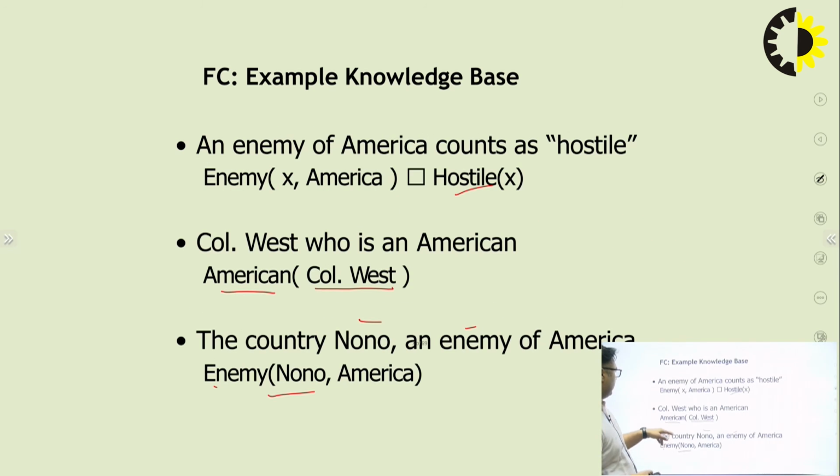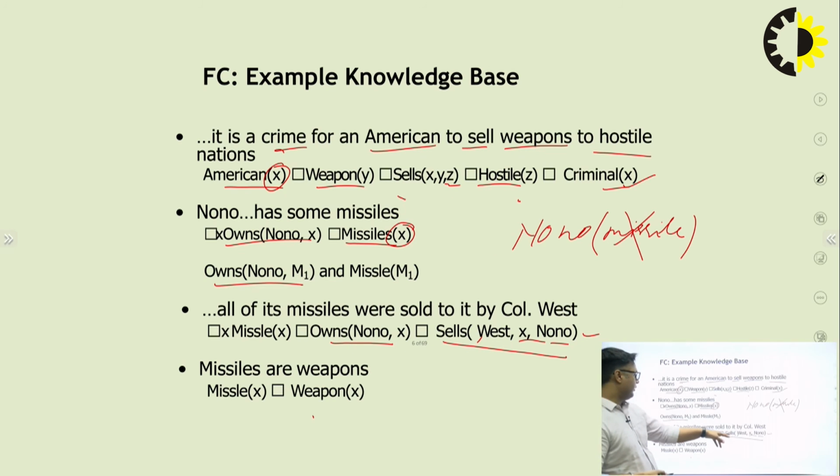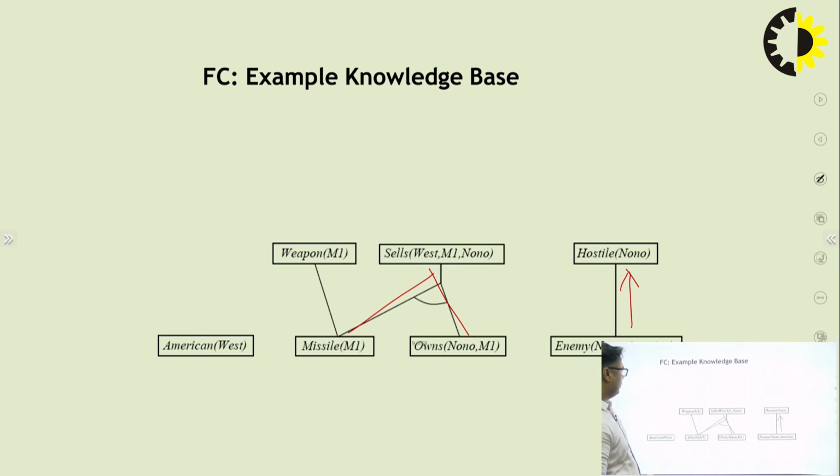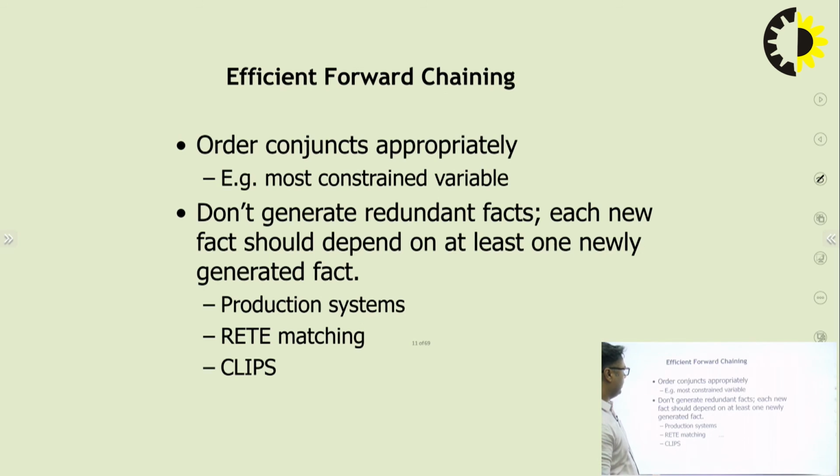Sells(West, x, Nono) is already sells x, because x, y, z are the three variables, and here all the sells use three variables. Sells is part of the new root node, then Owns(Nono, x) and Missiles(x) are already put in my tree.